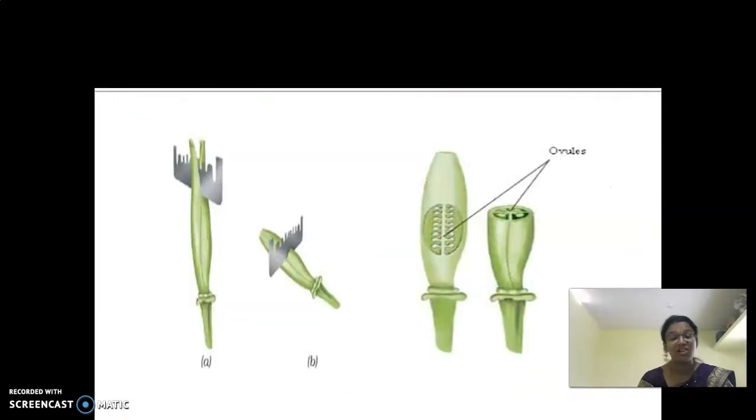So what is the function of this flower? Yes. So they combine and give the male and the female. Have you heard about pollination, children? Pollination is nothing but the ovules are there, right? These seeds combine with the male part of the flower and produce the young ones. That is called as what? Pollination. We have cross pollination also.